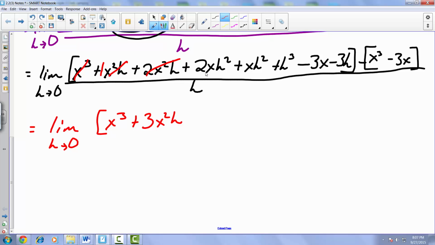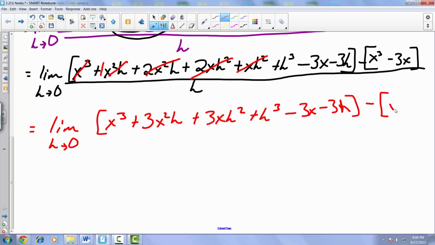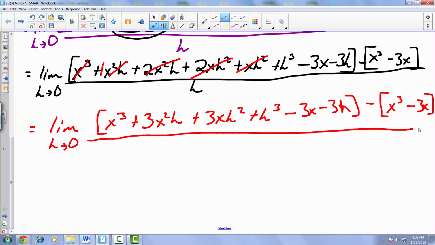We end up also with 2xh squared. Here's another xh squared, so it looks like we have a combined total of 3 xh squareds. And then plus h cubed minus 3x minus 3h, minus x cubed minus 3x. And again, this is all over h.